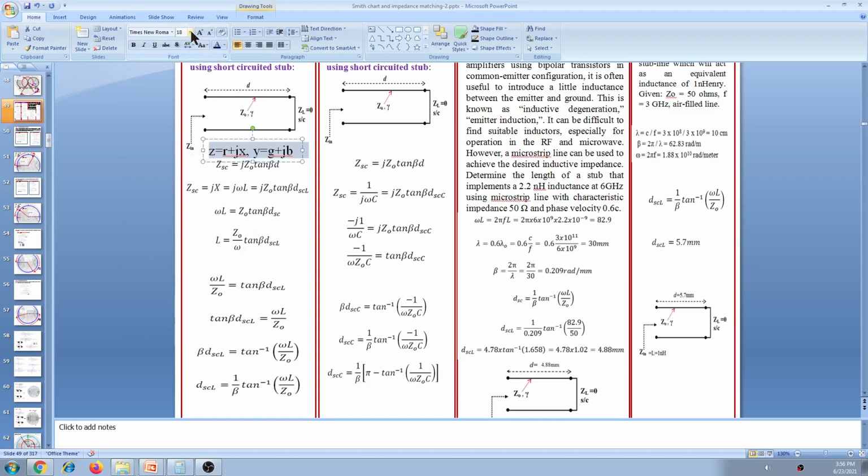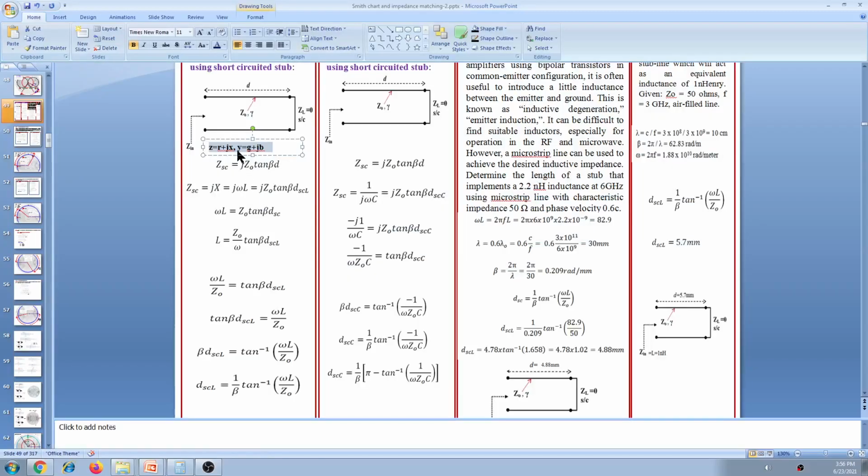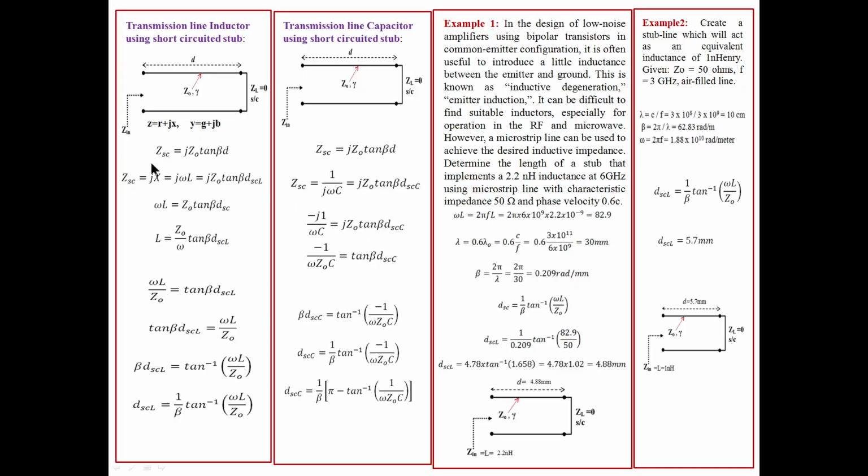If the impedance real part is 0, similarly the conductance part is 0, and we will only get this jB.